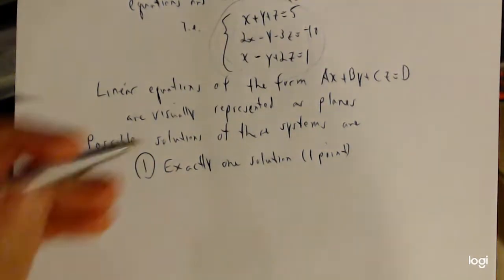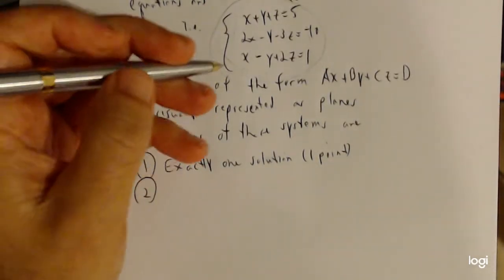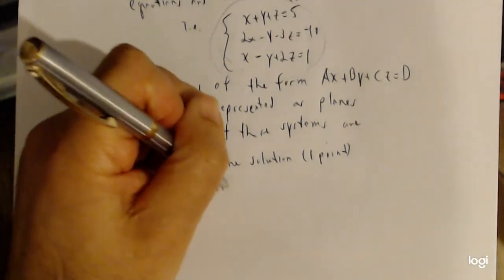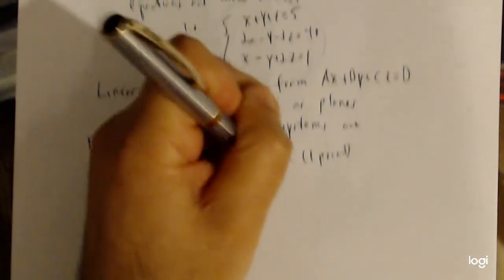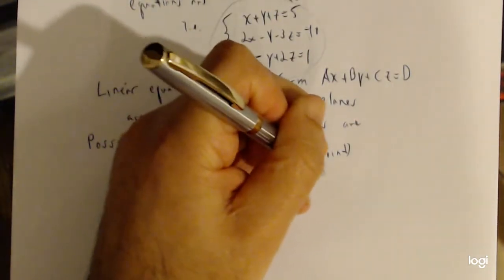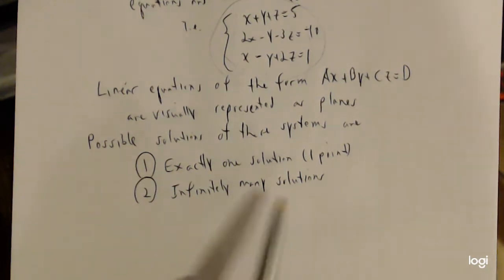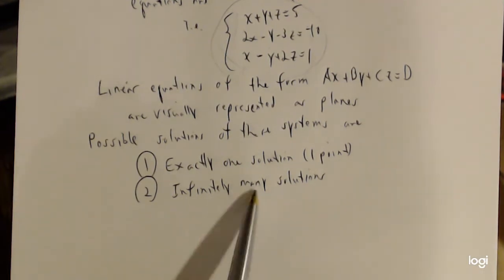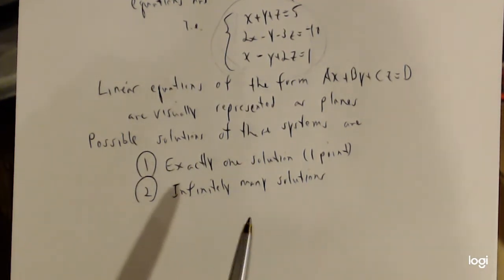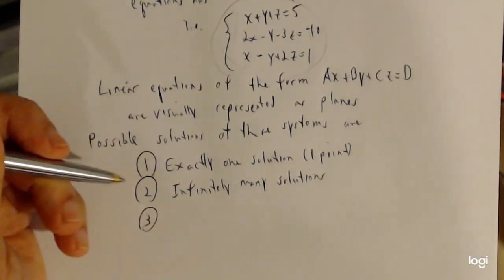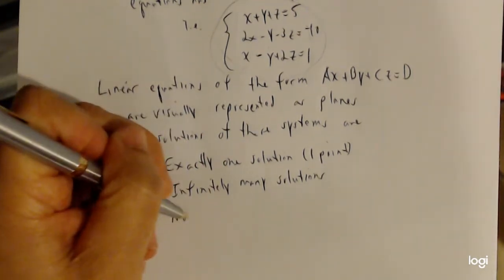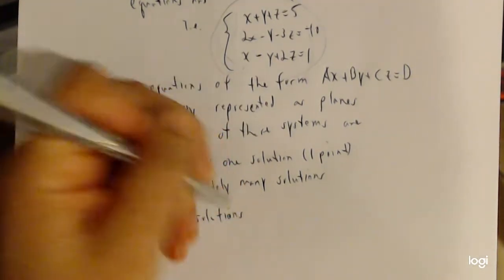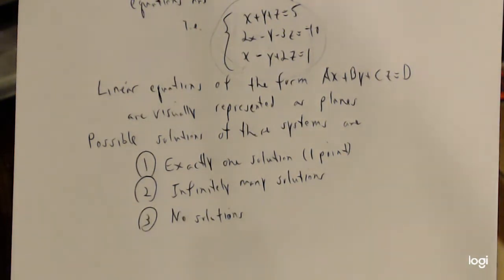Now the second possibility is they have infinitely many solutions. That means that the planes meet at infinitely many points. In a minute I'll show you visuals of this. The book actually has a really nice visual of it, so I'm just going to use the book's visual in a minute, and then we'll see exactly how that looks. And the last possibility is no solution, which would mean that the 3 planes never all intersect at any point.